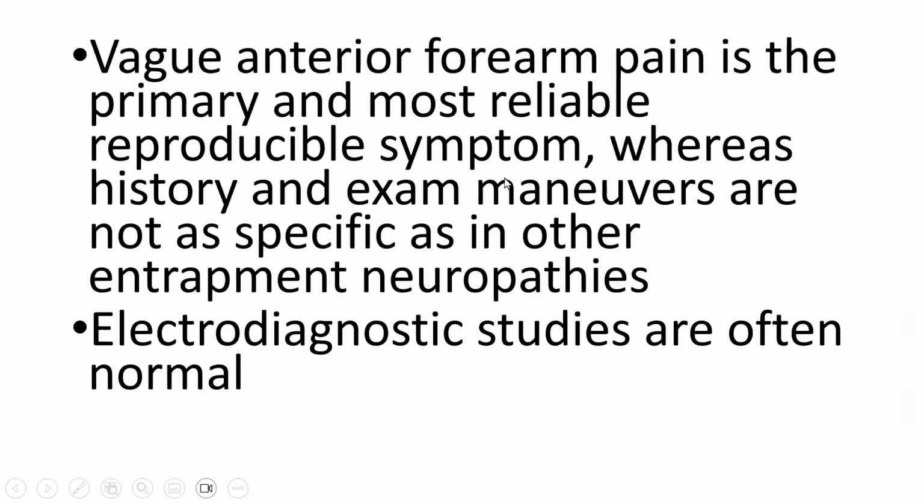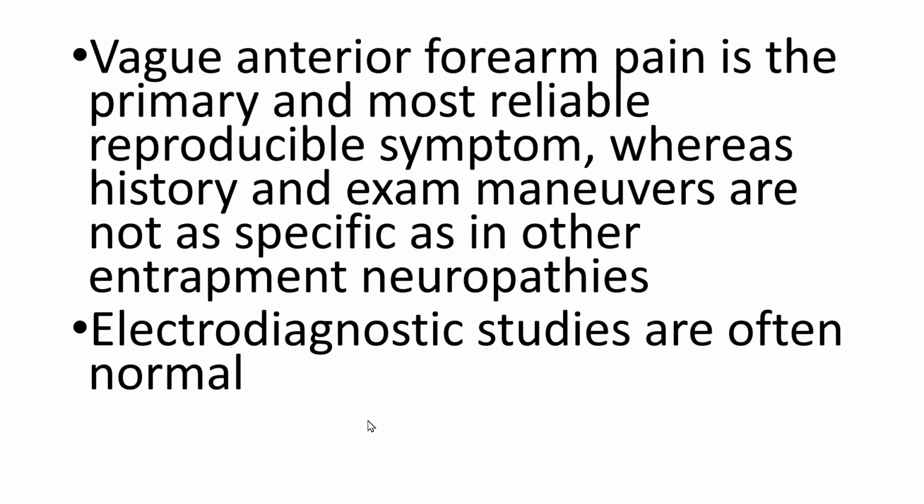Decision-making principles: vague anterior forearm pain is the primary and most reliable reproducible symptom, whereas history and exam maneuvers are not as specific as in other entrapment neuropathies. Electrodiagnostic studies are often normal.